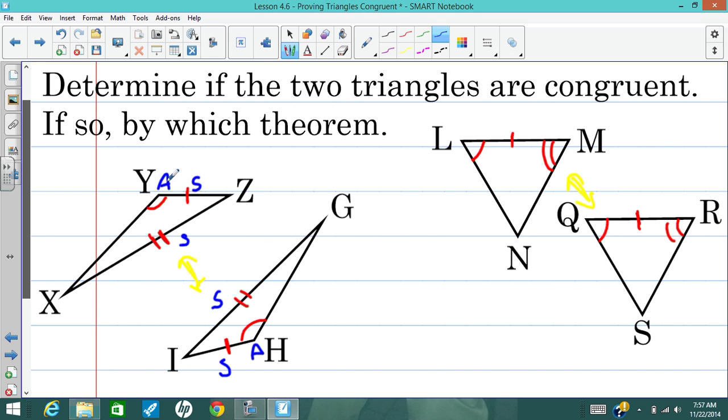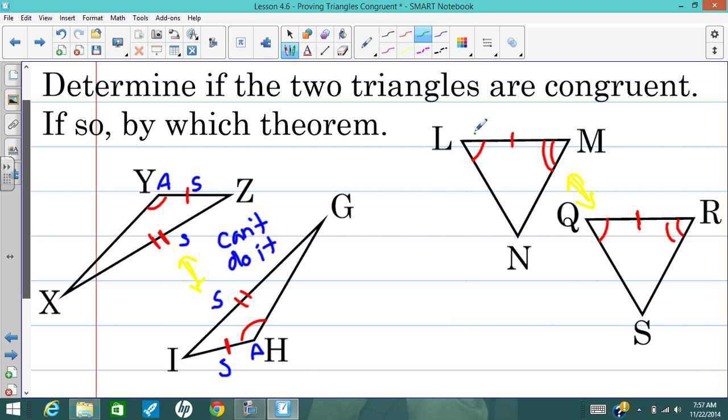So I have a pair of corresponding angles, two pairs of corresponding sides congruent, and it looks like when I go around, I'm getting a combination that is not making an appropriate word here. So these two triangles, we cannot say they're congruent. They might be congruent, but we don't have any proof right now.